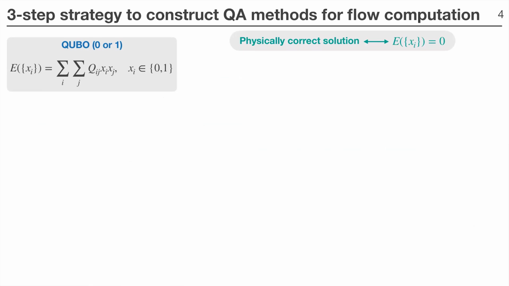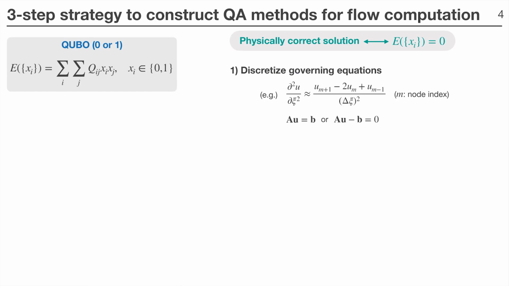Our proposed methods are developed such that the physically correct solution of x_i satisfies e(x_i) equals 0, which makes the cost function equal 0. Following a three-step process, the first step is to discretize the governing equations as usual.